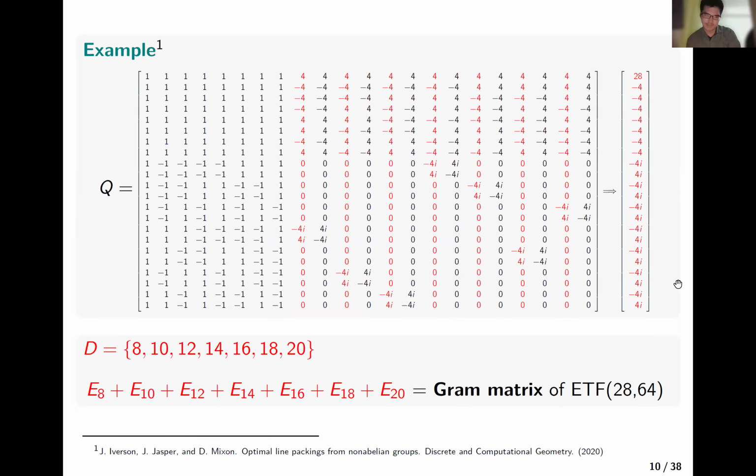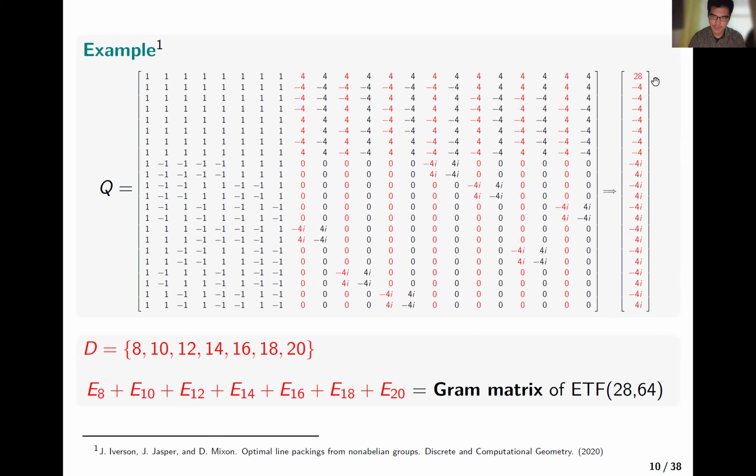As a more complicated example, here's the change of basis matrix from an association scheme with 21 classes, or in other words, 22 matrices inside the association scheme. And this is an example we'll see again later, and an example found by Jasper, Iverson, Mixon. So if I select these columns in red, and I add them together, I'll get this column vector over here.